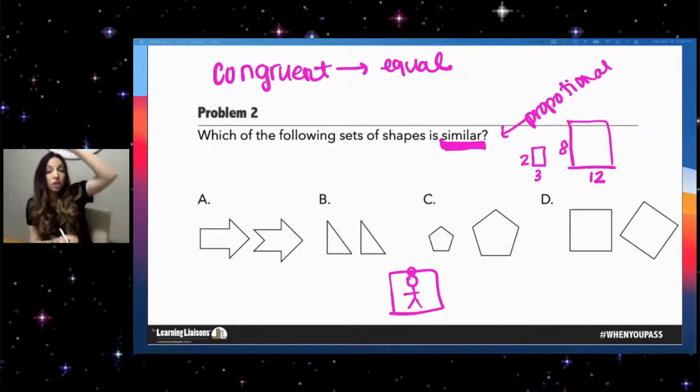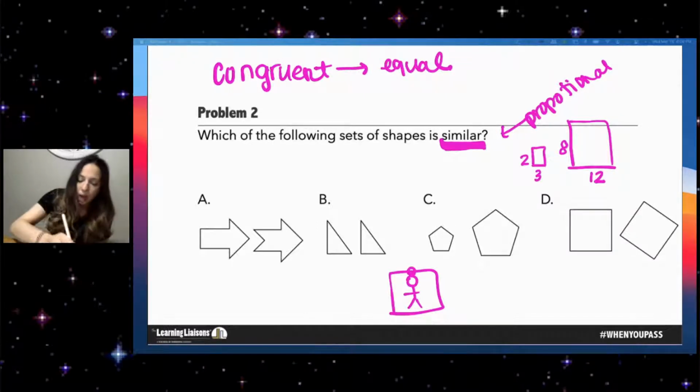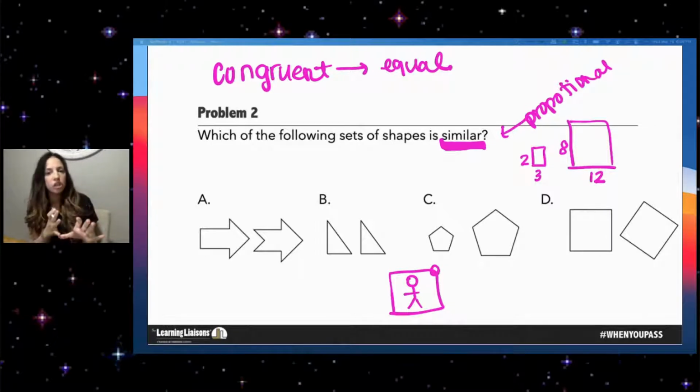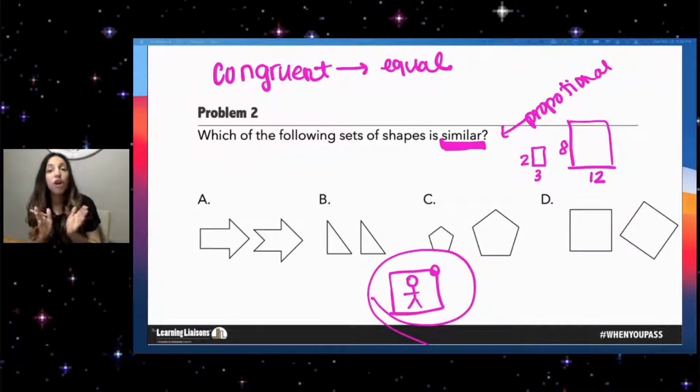It's going to make them look like they're stretched all the way from that top piece, like the Mr. Bendy guy. However, if I stretch it from the corner, it's not going to distort that shape any bit. And so if I made that shape bigger from the corner, those shapes would be similar. If I just copy and pasted this image, those shapes would be congruent.